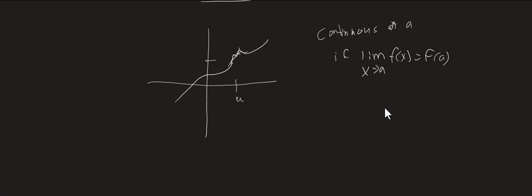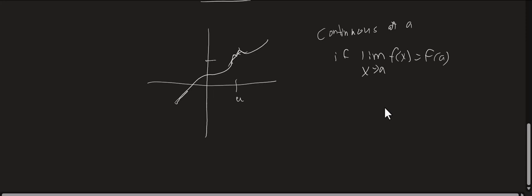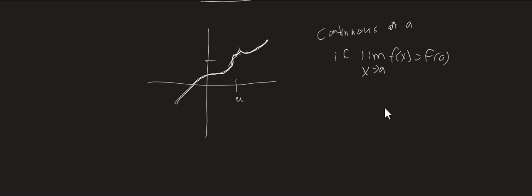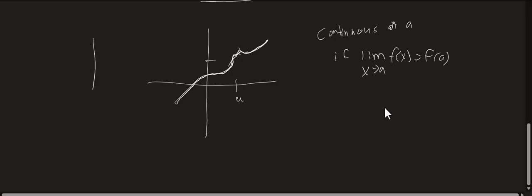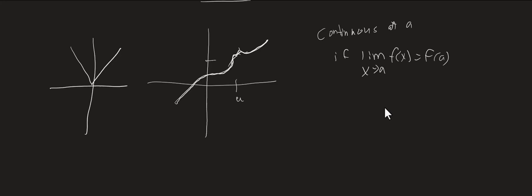That's the mathy way to do it. The observant way to do it is just, can you trace along it with your pen or pencil without having to pick it up off the paper? And if you can, it's continuous. So a function like this, that's continuous. Even though it has a point on it, it's not differentiable, but it is continuous.